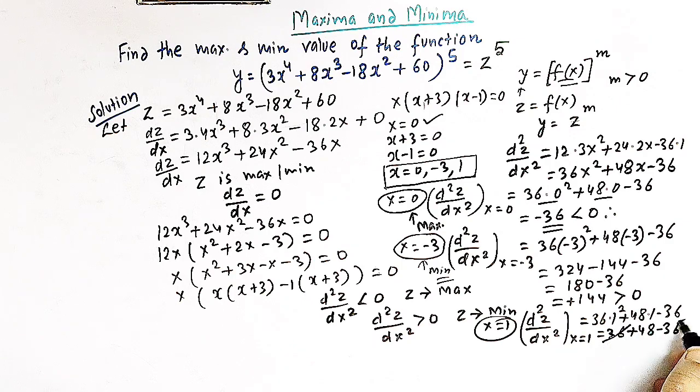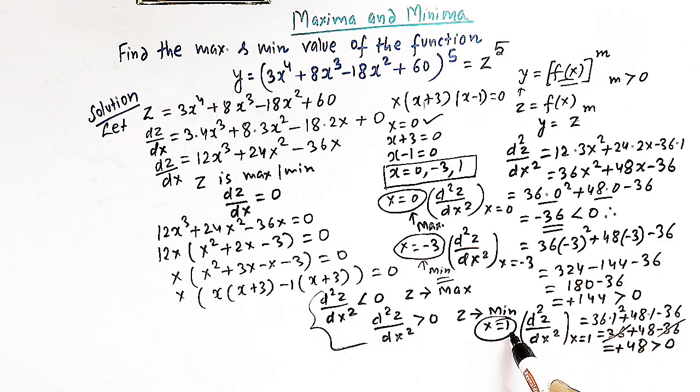So 36 and 36 get cancelled, we have 48. So this is plus 48, that is greater than 0. So again by second derivative test, the second derivative at x is equal to 1 is positive. So at this point x is equal to 1 is a point of minima, right?